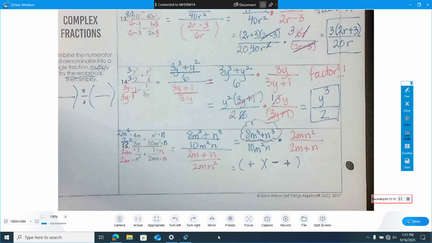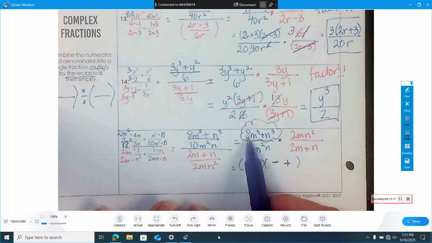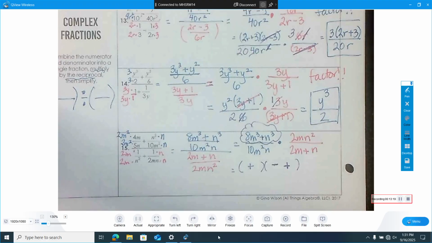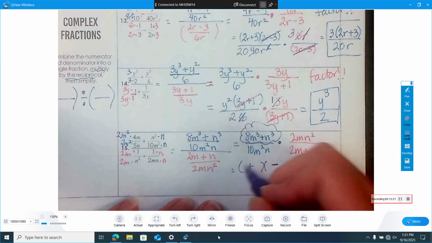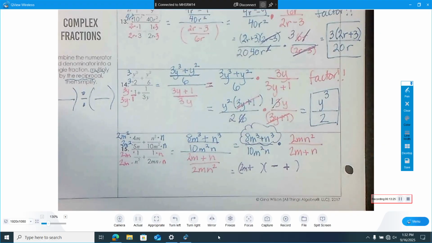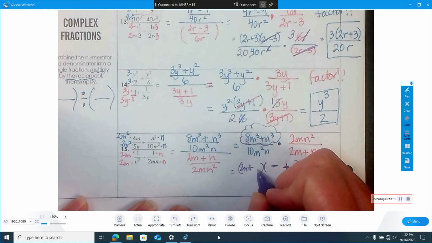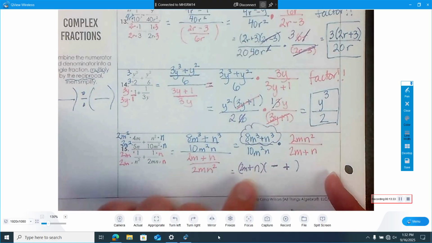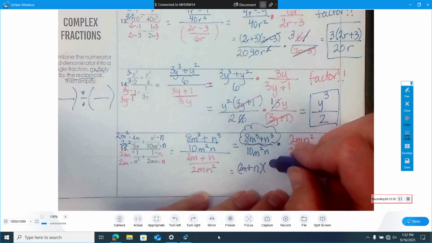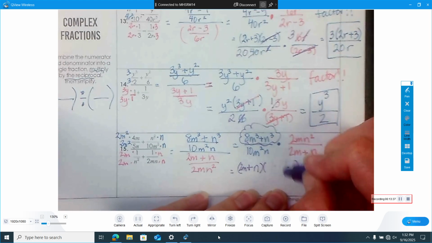Okay, how do I get 8m cubed? What times is 8m cubed? 2 times 2 times 2 with an m. So 2m times 2m times 2m is going to get me that 8m cubed. And then for the second part, what do we have? N. Very good. And then we square the first thing.